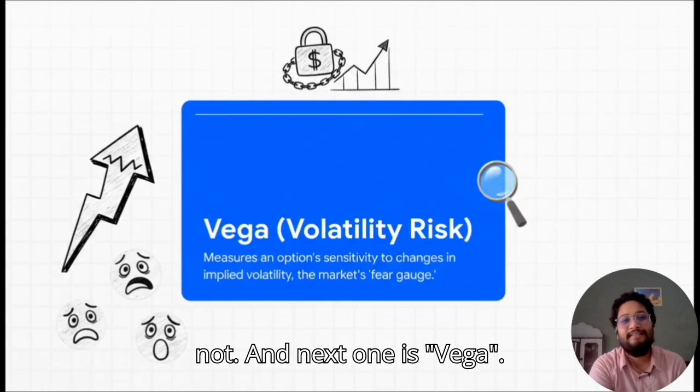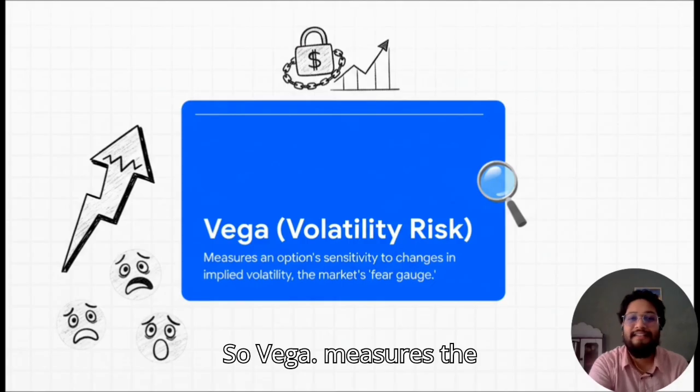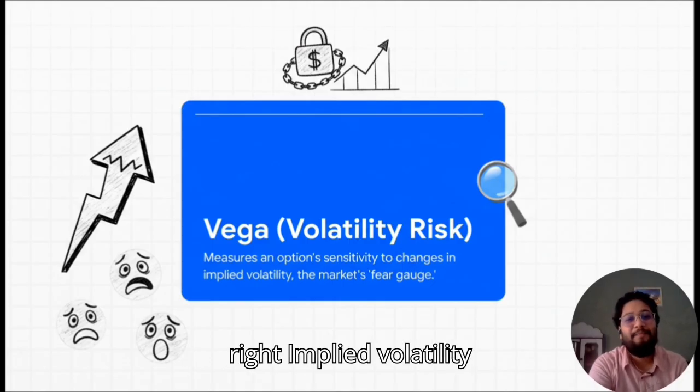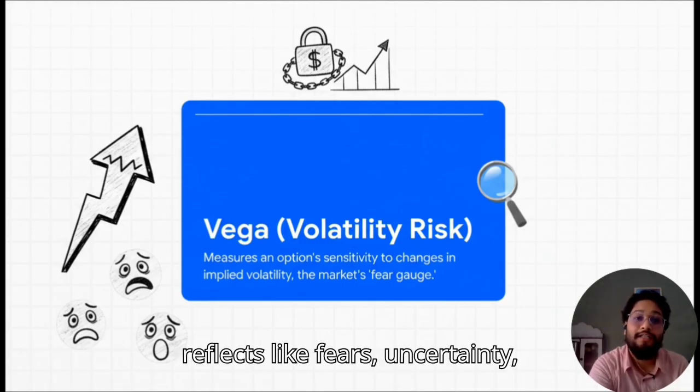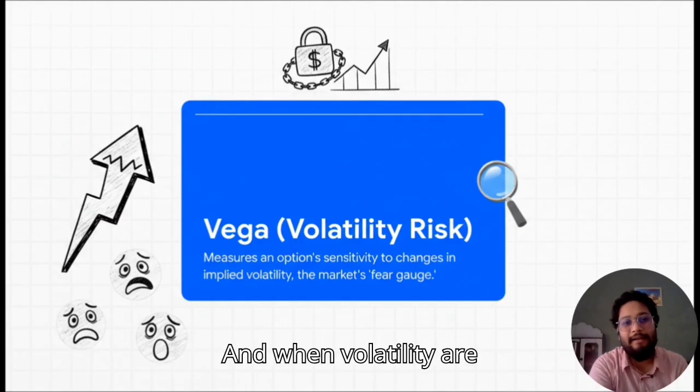And the next one is Vega. Vega is volatility risk, right? Vega measures the sensitivity to implied volatility. Implied volatility reflects fear, uncertainty, and expected future movement, right?